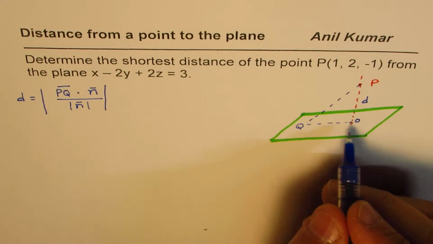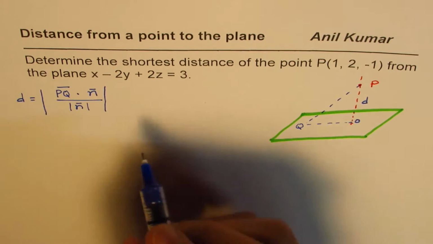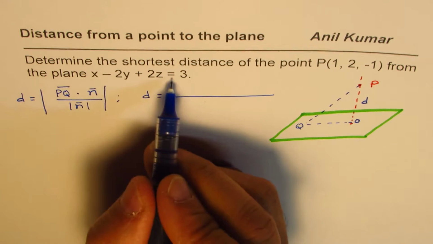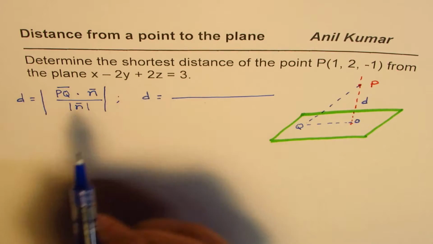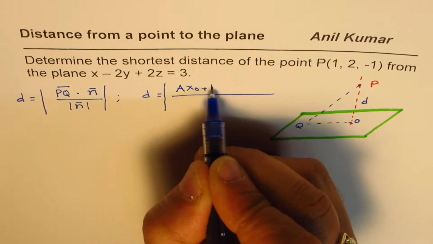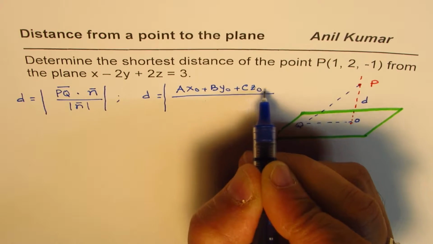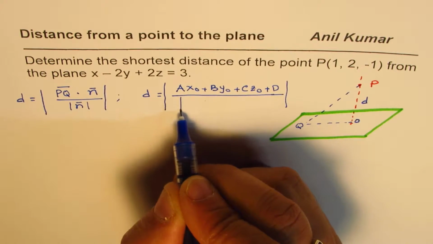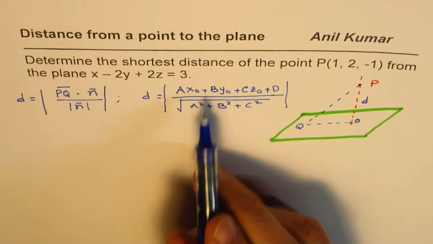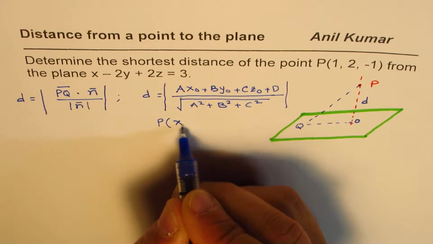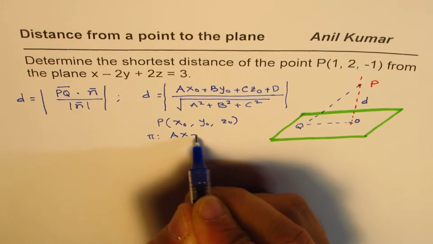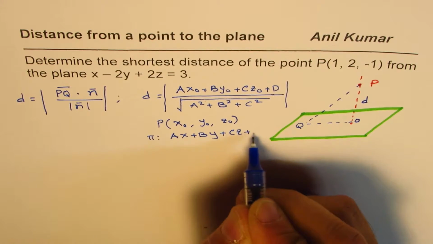The other formula is from the definition of the plane itself. Whenever the equation is given in scalar form or the Cartesian form, the distance is equal to the absolute value of a x0 plus b y0 plus c z0 plus d, divided by the square root of a square plus b square plus c square, where we are taking a point P which is x0, y0, z0, and a plane which is ax plus by plus cz plus d equals 0, right?